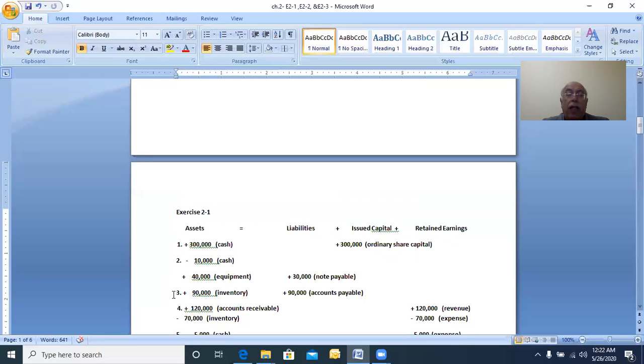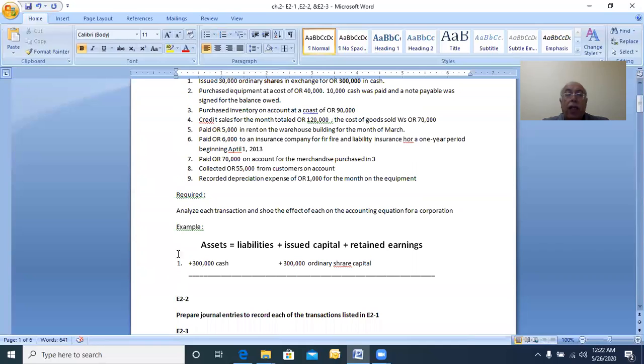Okay, the third transaction here, let me show you. Purchase inventory on account at cost of 90,000. That means the company purchased inventory. We are applying accrual accounting. That means the company purchased, but it did not pay cash.